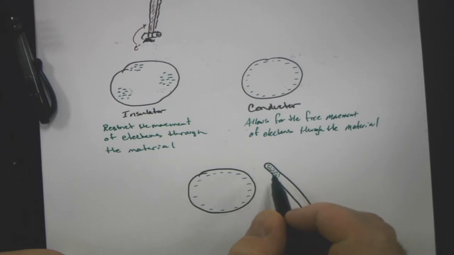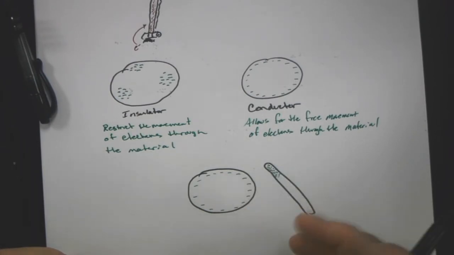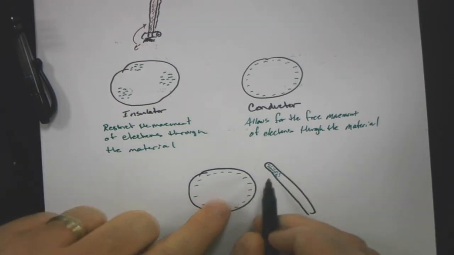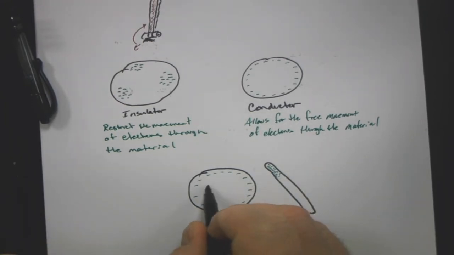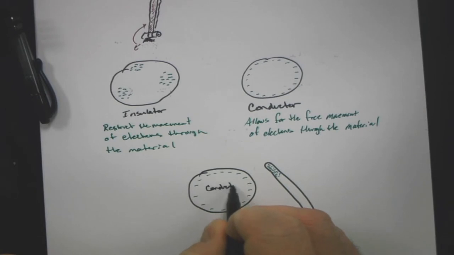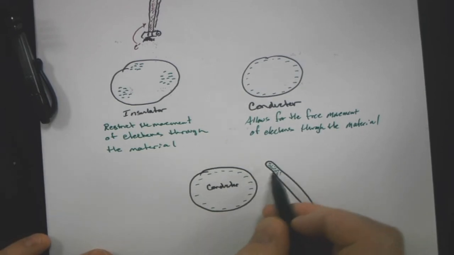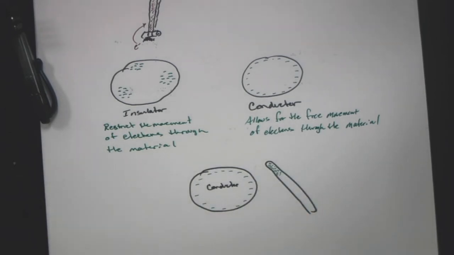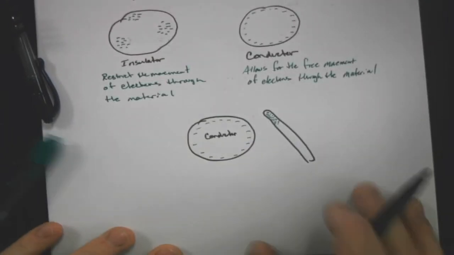All these negative charges, what happens to our negative charges? What do we know about like charges? Okay, they repel each other, right? Opposites attract, like things repel. So all these charges, if this is a conductor, if these charges get close to it, we get this situation.